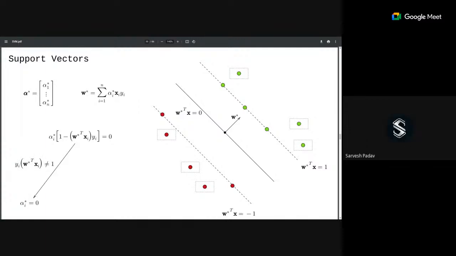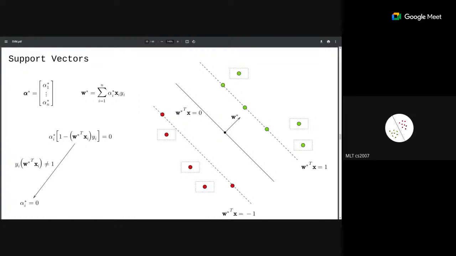They are beyond the boundaries, beyond the dotted lines. Correct, right? They don't lie on these two dotted lines, and since we are dealing with the linearly separable or hard margin case, this will only correspond to points that are beyond this margin. All these points are surrounded by the small rectangle you see.